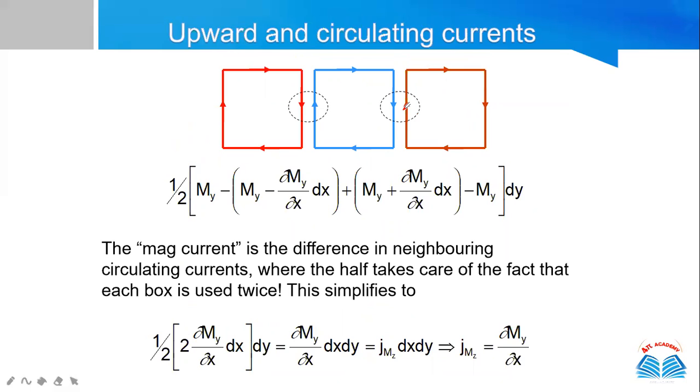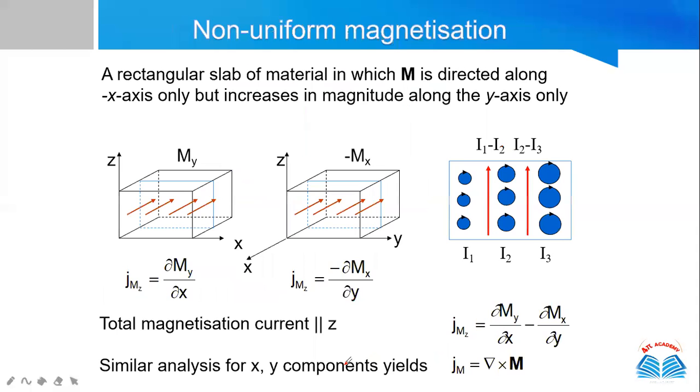So the magnetic current is the difference in neighboring circulating currents, where the half takes care of the fact that each box is used twice. So we can write the formula as this one. These are not the most important formulas. You can skip this slide, but it was related, that is why I am putting it here.